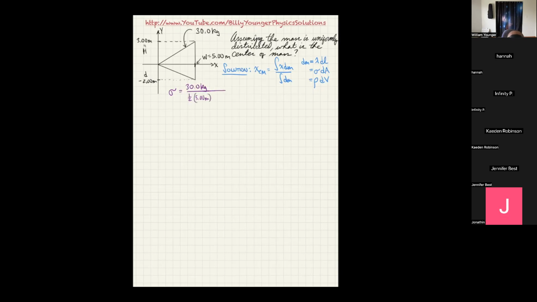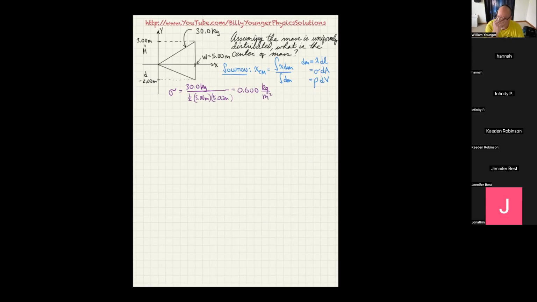And we could say the height then is that distance that goes from the origin to the 5 meter mark. So that one's actually 5 as well. So we'd get 15 divided by 25, which you could reduce as a fraction to be 0.6 kilograms per meter squared. So that's what sigma is.